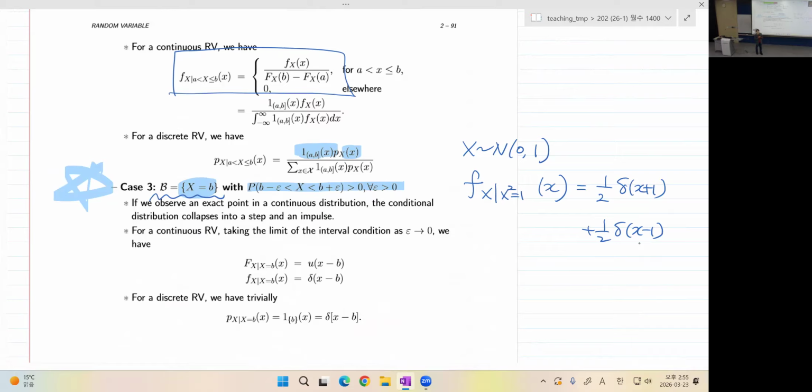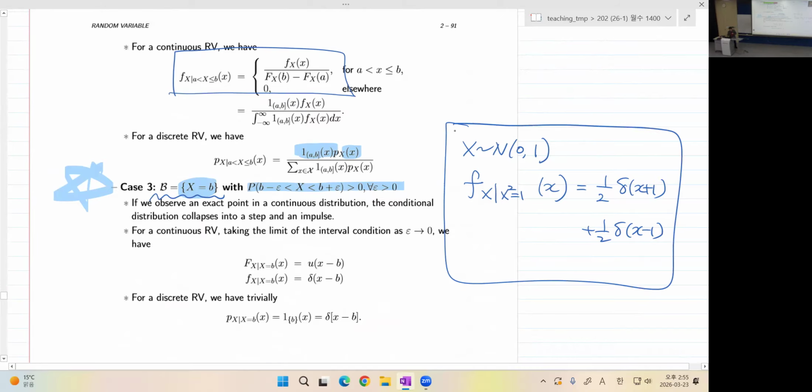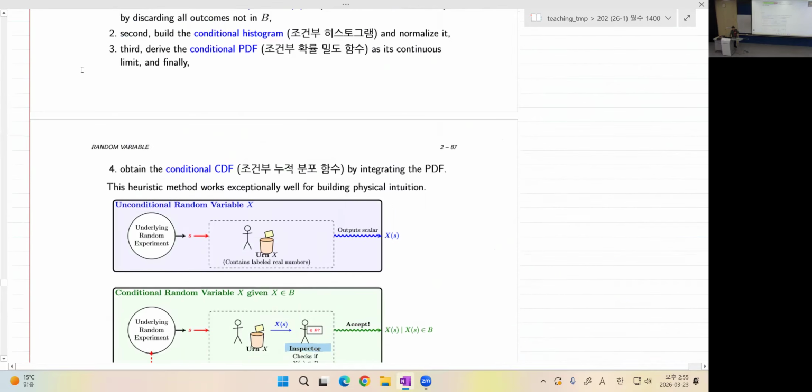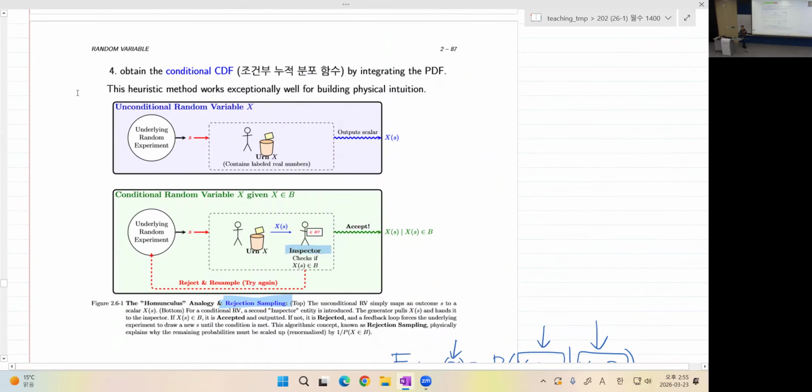Why, by the way? Let's see what I have drawn. I really these days love playing with Gemini, AI assistant. And this figure actually is generated by Gemini.